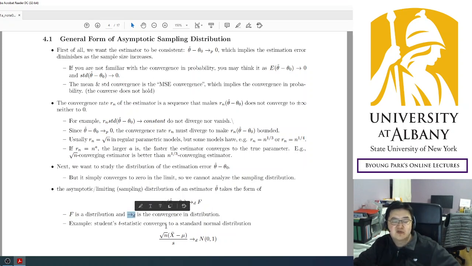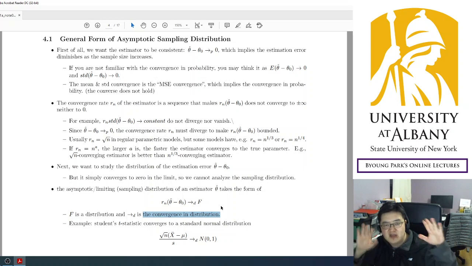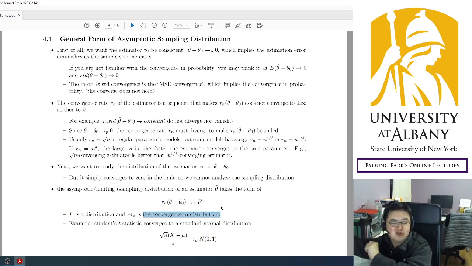The arrow means convergence in distribution. If you remember the definition, convergence in distribution means that the CDF, the cumulative distribution function, of this random variable converges to the distribution function of this distribution. That is easier to understand: find the distribution function, and if that converges to another function, that is convergence in distribution.